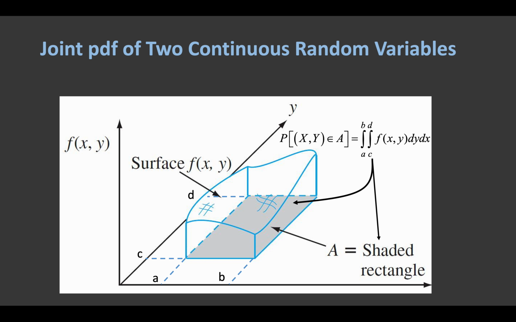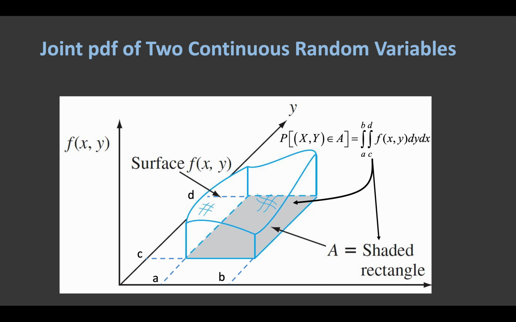But more generally, it's probably something that looks like this, right? You see the shaded area is A. That's for independent variables, where X is from a to b and Y is from c to d. Then you do the integral on top of that.